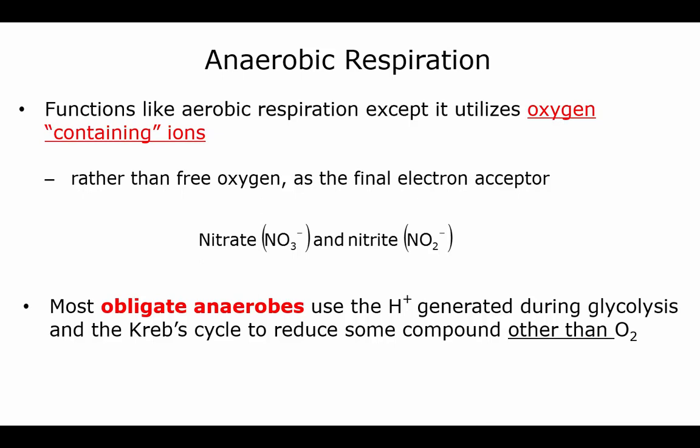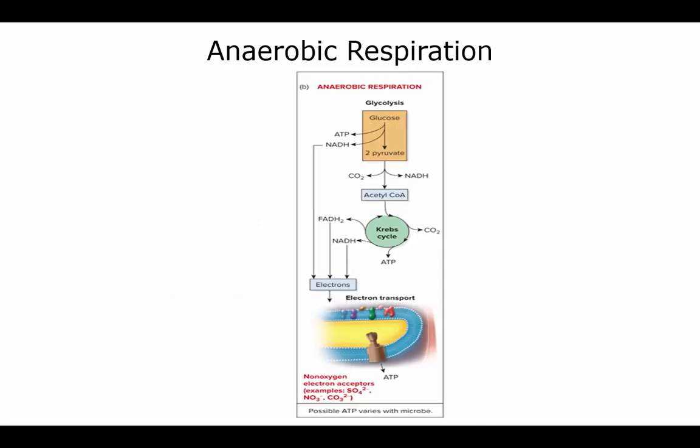Most of the obligate anaerobes will use the hydrogen ions that are made during glycolysis and the Krebs cycle to reduce some compound other than oxygen, because oxygen is not the final acceptor. Here you've got glycolysis, where we split the glucose into two pyruvates.